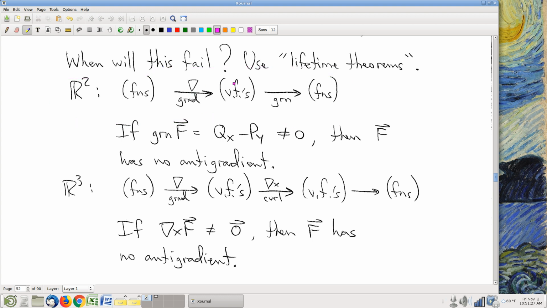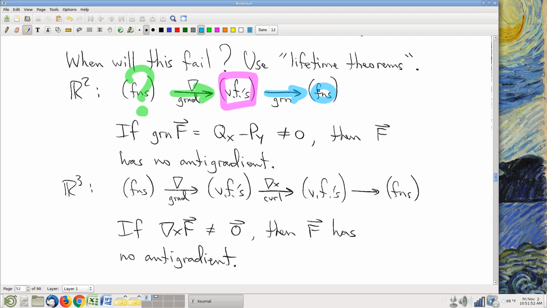Given a vector field, how do I know if there's an antigradient? Well, if Green's operator gives me 0, then there is. This is that lifetime theorem, right? So if you have a gradient, Green's operator is 0, and furthermore, if Green's operator is 0, then it's a gradient.